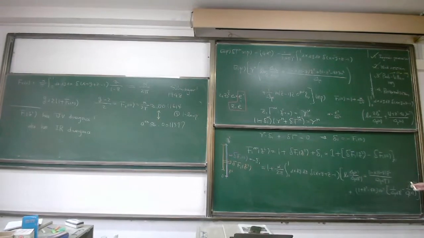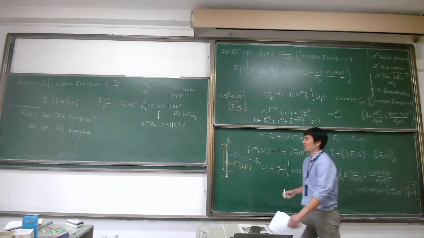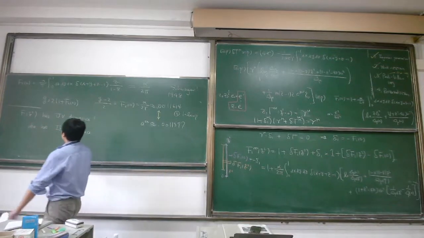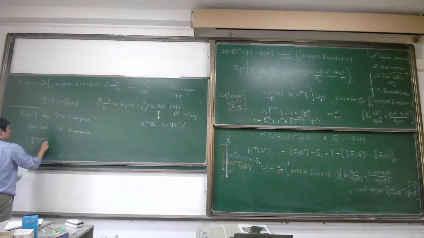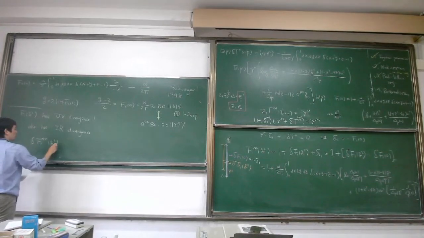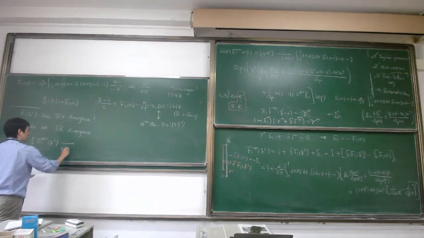So if you look at this renormalized term, set mu goes to 0, sorry, not infinity. Delta F renormalized of Q squared, and set mu goes to 0.